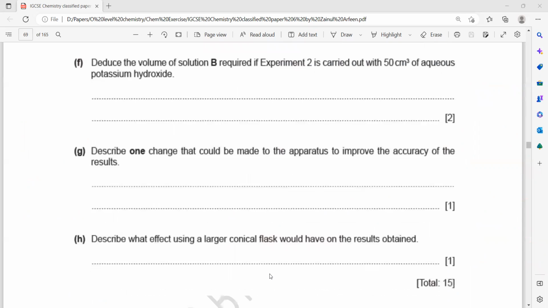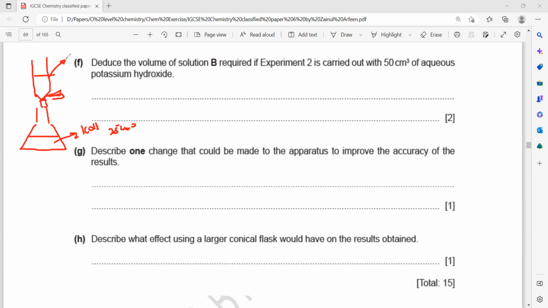Then deduce the volume of solution B. First, when we carried out the experiment with 25 cm cube of potassium hydroxide, how much solution B was needed from the burette? It was 19.9.